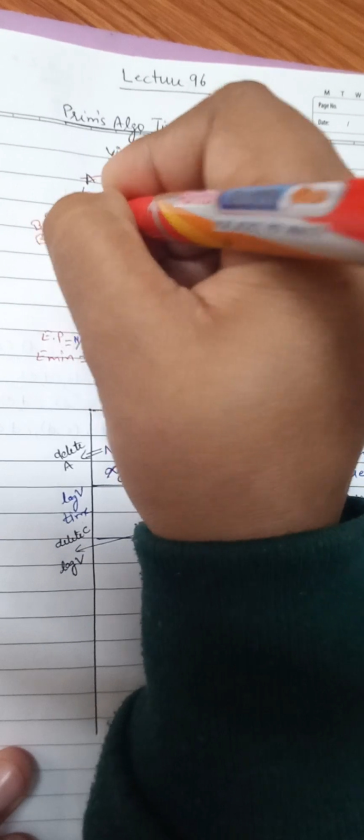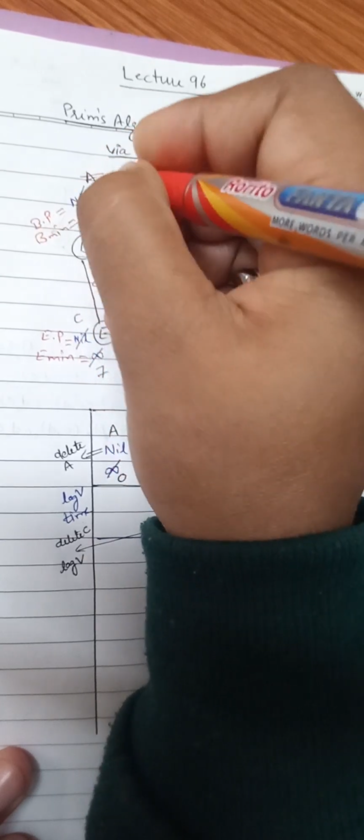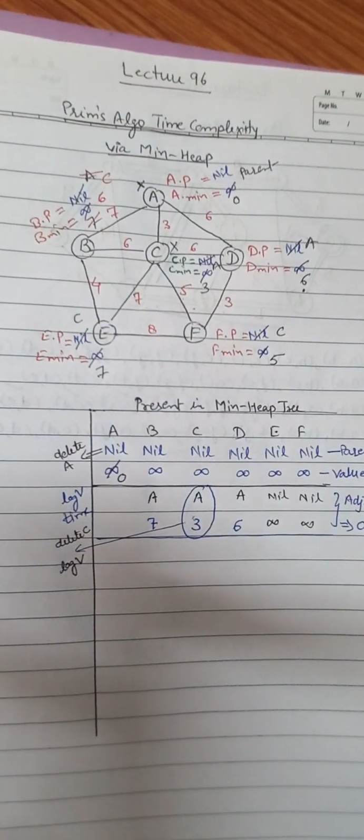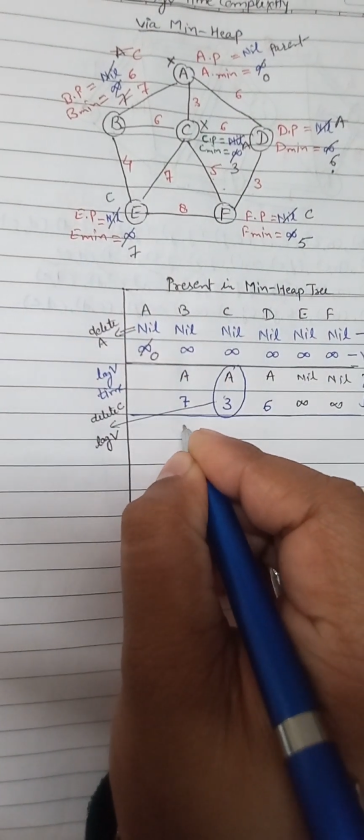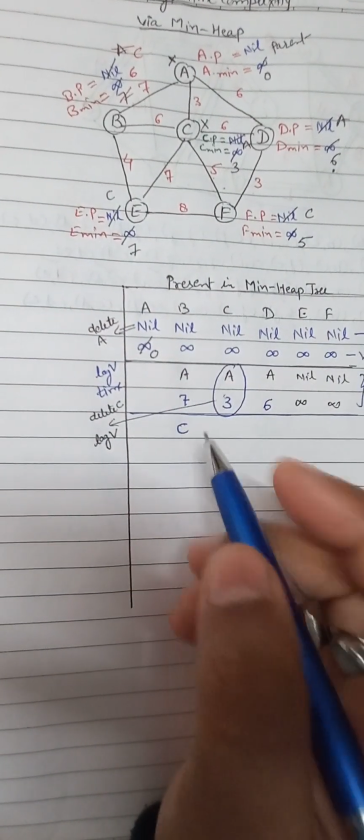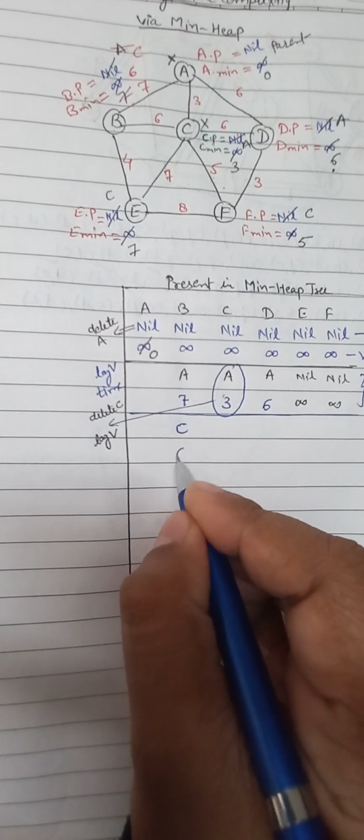So instead of 7, we are writing 6. The same thing we are going to write here: the parent of B will be C now, and the value, instead of 7, will be 6, as we have done here.